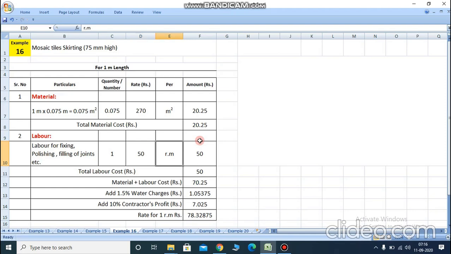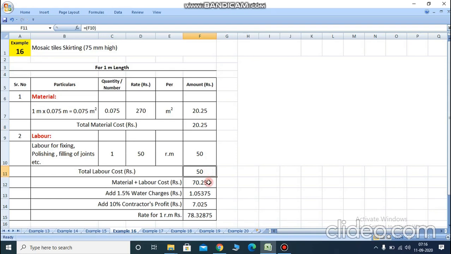So 50 multiplied by 1. Per running meter labor cost for fixing, polishing and filling the joints, etc. is 50 rupees. Now summation of the material cost 20.25 plus labor cost 50.